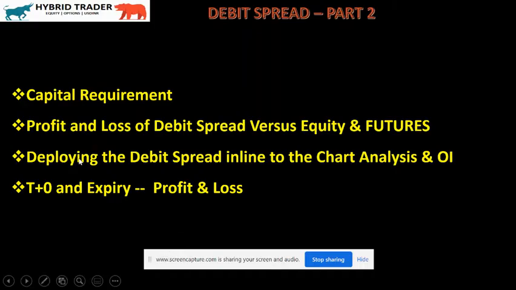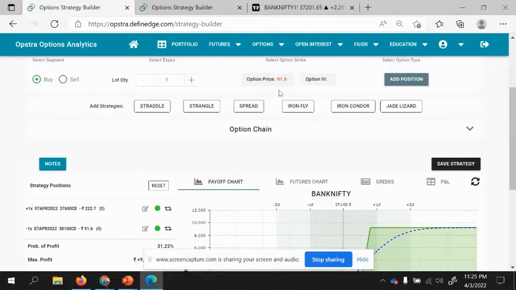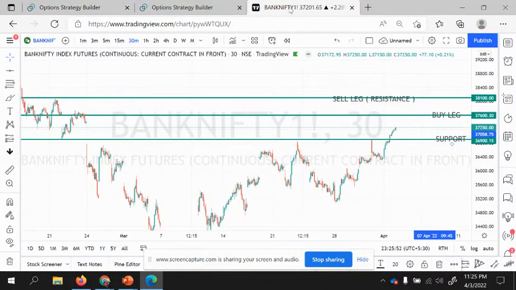All right, so let me take you to the slide. We have discussed the capital requirement. We have also discussed the profit and loss of the debit spread versus your equity and futures. This one is very important: deploying the debit spread in line with the chart analysis. What do I mean? Let me take you to TradingView. All right, this is a 30 minutes chart.